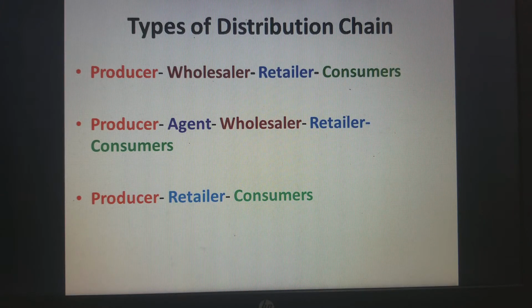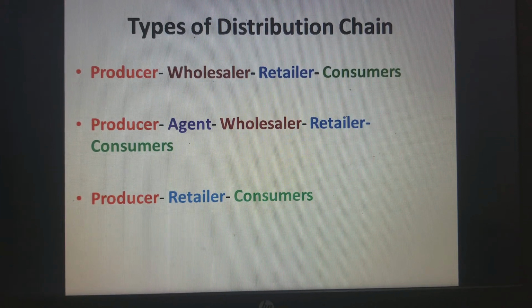One other thing I want to point out is that the type of distribution chain used by businesses is directly related to the kinds of goods on the distribution chain. If the goods are perishable, then the distribution chain is shorter. If it is goods that are durable, it may go on a longer line of the distribution chain.